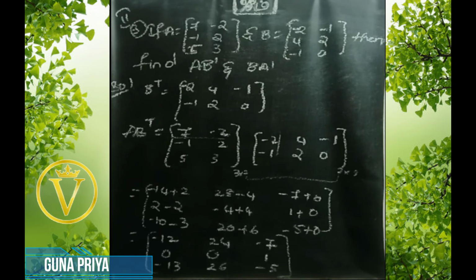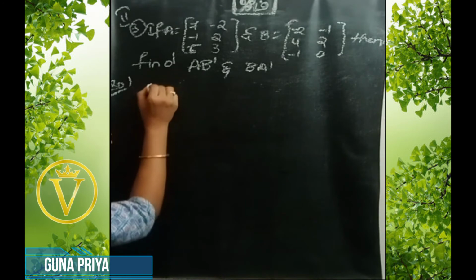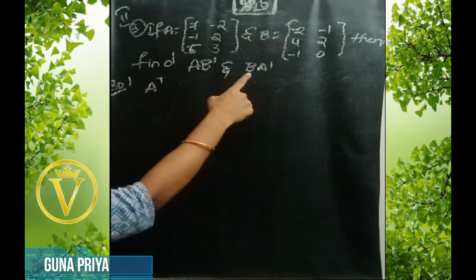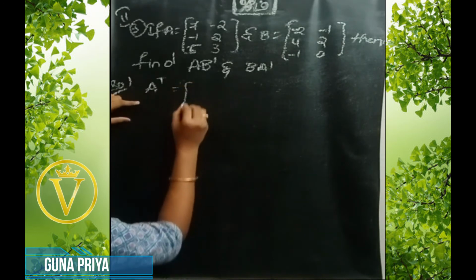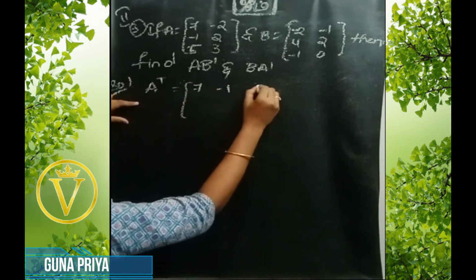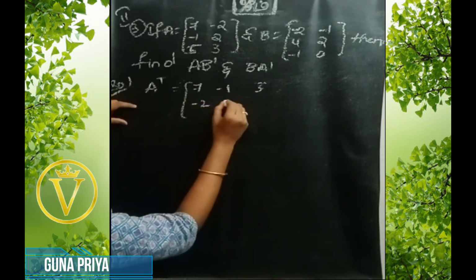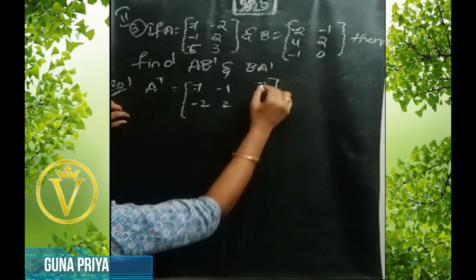Next we go for the BA transpose. Now first for this we have to do A transpose. To find out the BA transpose, we have to do A transpose: 7 minus 1, 5, minus 2, 2, 3.